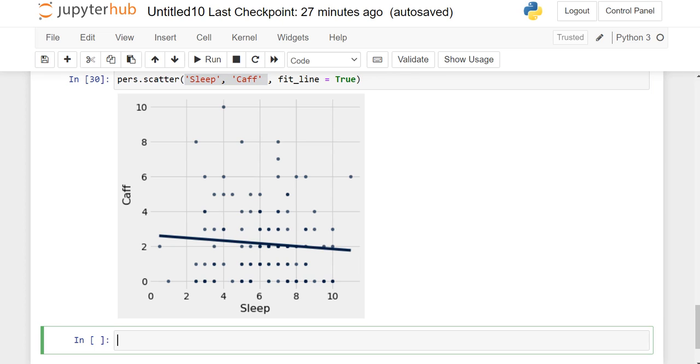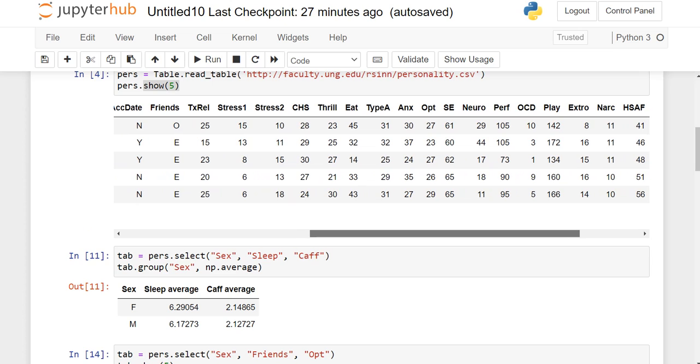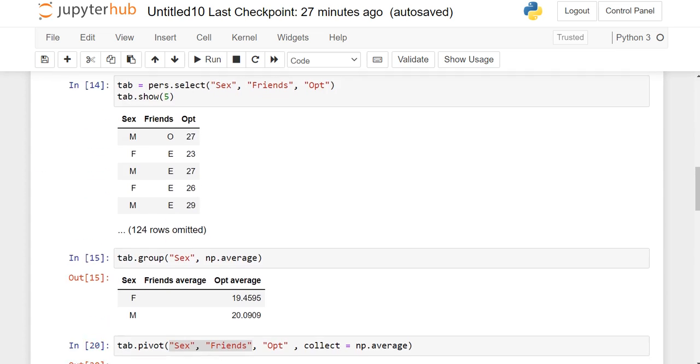Okay, so these are the methods that we use to do what's called data analysis. We have some data in our table, and if we want to understand, okay, what did the type A variable look like?